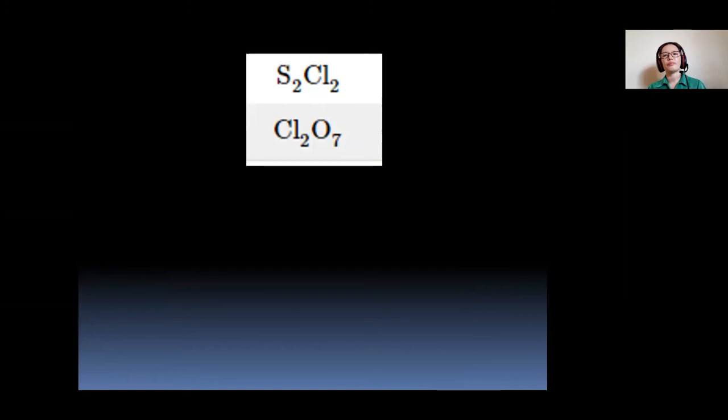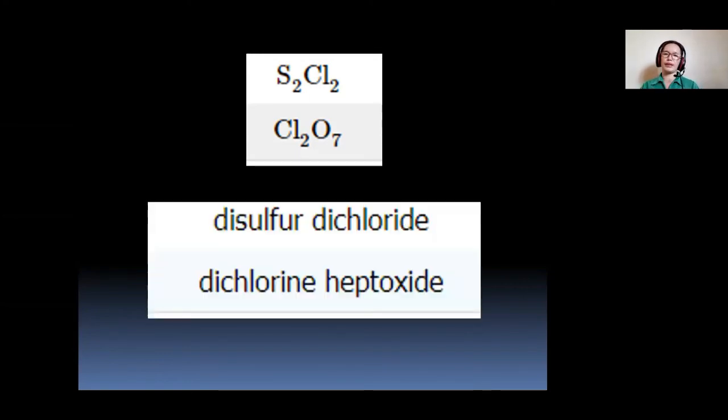Look at the second example. Chlorine is from group 17 and oxygen is from group 16. So this is a binary molecular compound. Di is 2, dichlorine, complete name. 7 is hepta, oxygen is oxide, and then remove letter A. So it's dichlorine heptoxide.